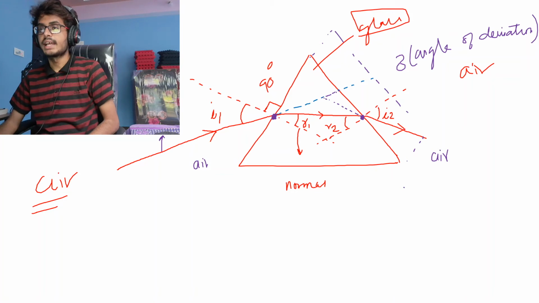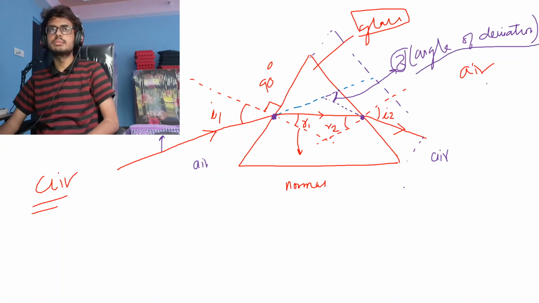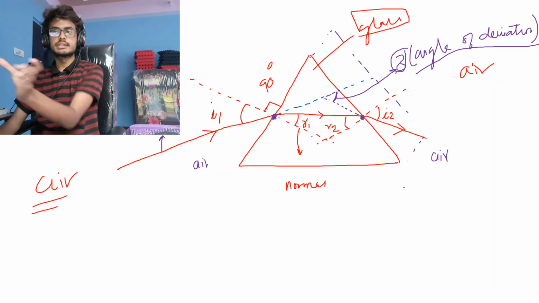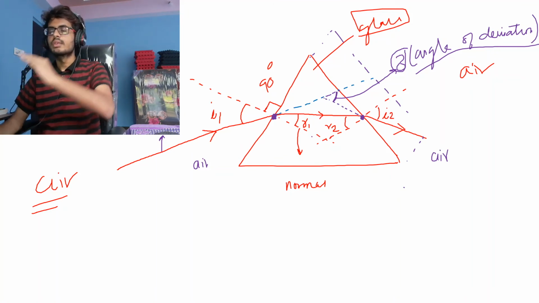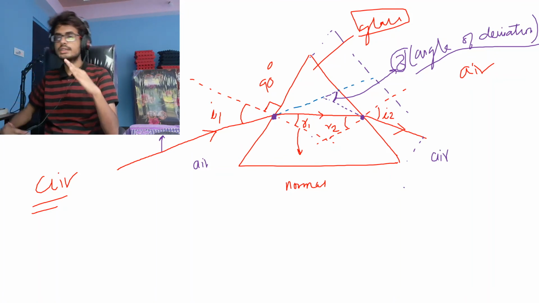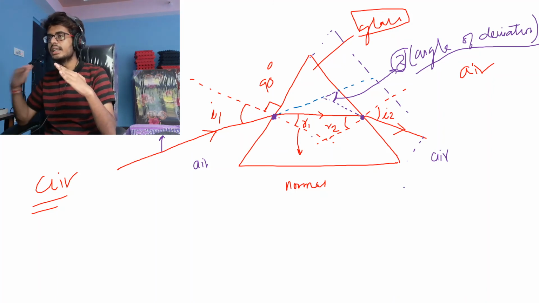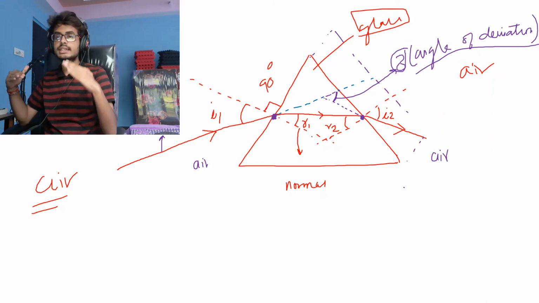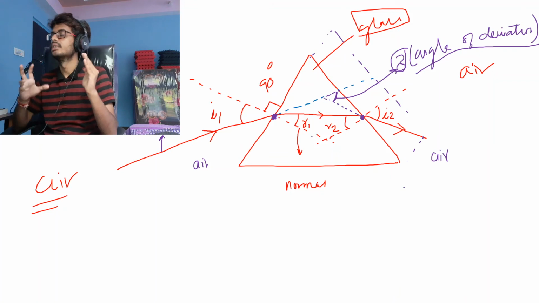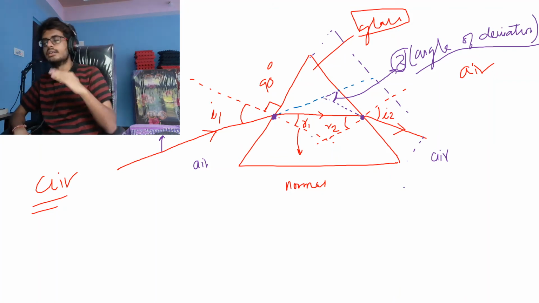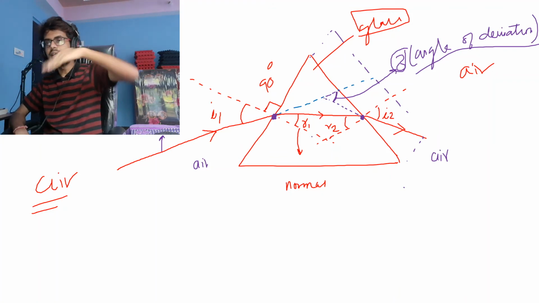The angle formed between these two is delta, the angle of deviation. Angle of deviation means: by putting a prism in the path of light, by what angle did the original incident ray deviate, or bend?